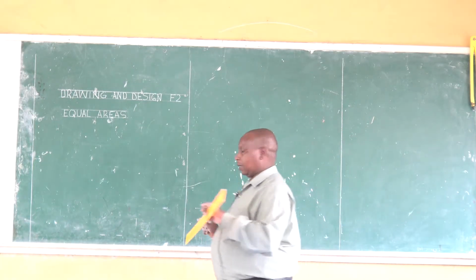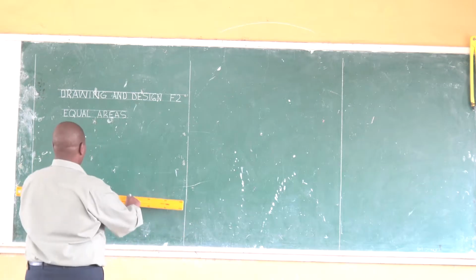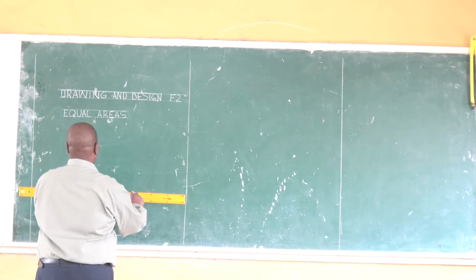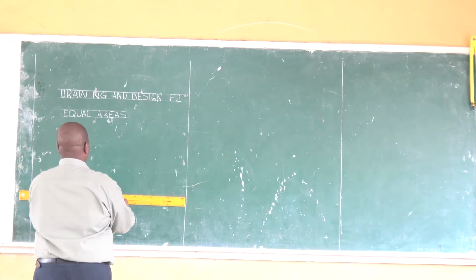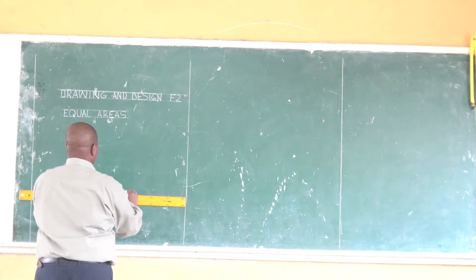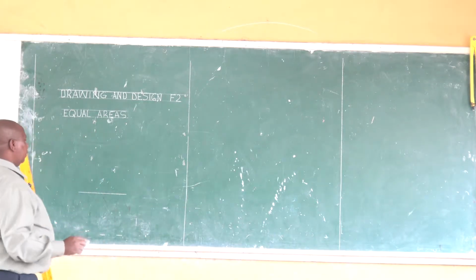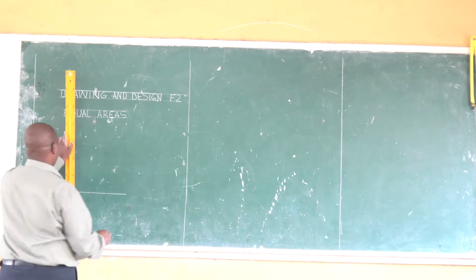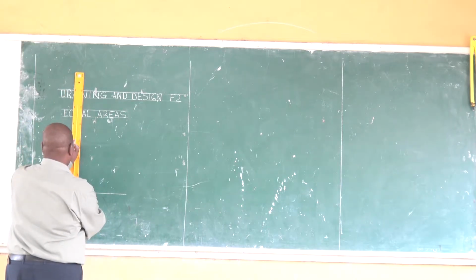So we are going to start by the construction of a pentagon. Let's have the side of the pentagon as 3 centimeters.